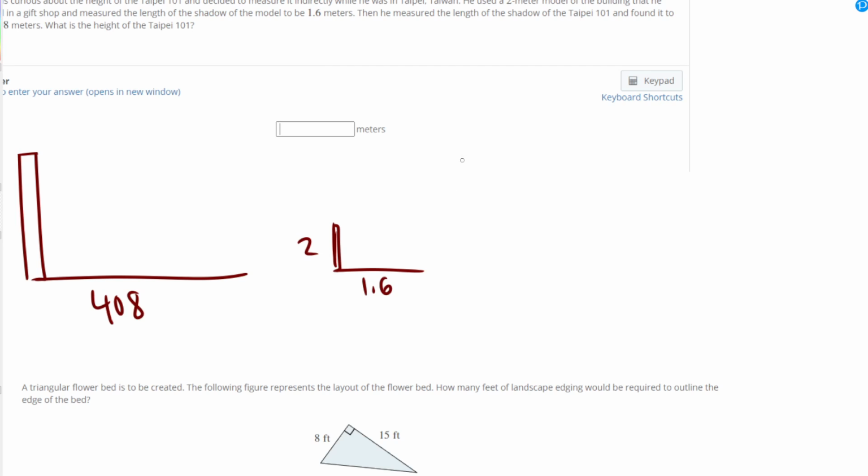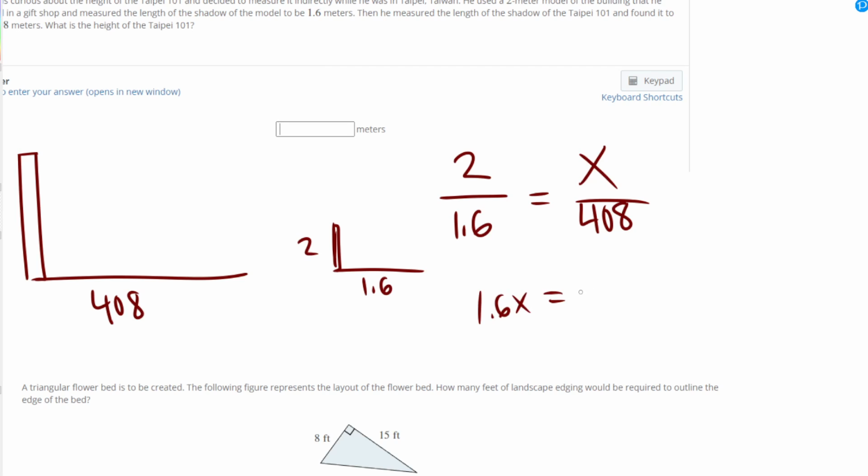If the model building is 2 meters and its shadow is 1.6 meters, and the shadow of the Taipei 101 is 408 meters, what is our height? Then we can cross multiply. 1.6x equals 816, and then divide both sides by 1.6.